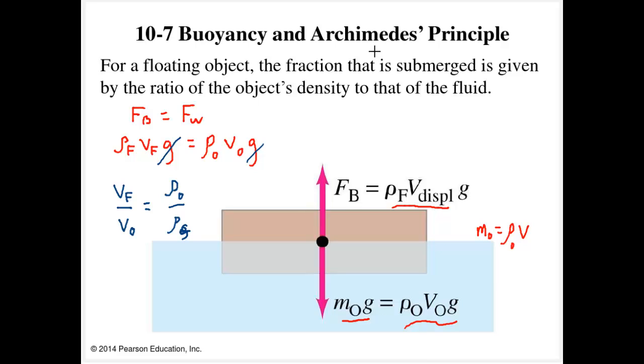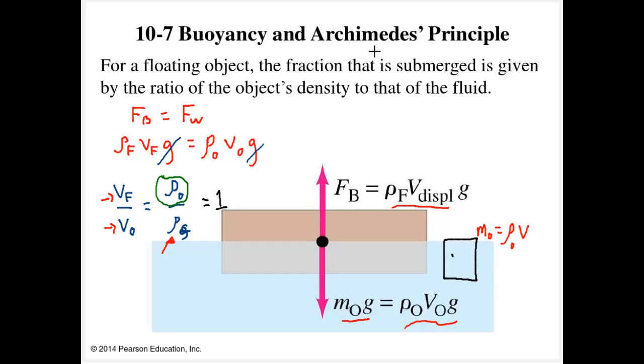Typically, we can measure the volume of the fluid and the volume of the object, and we very typically use water, so we know the density of the fluid, so we can very often figure out what the density of unknown objects is going to be. Something else to consider is if the density of the object is the same as that of water, so that ratio is equal to 1, then the object is just barely going to be under the surface.